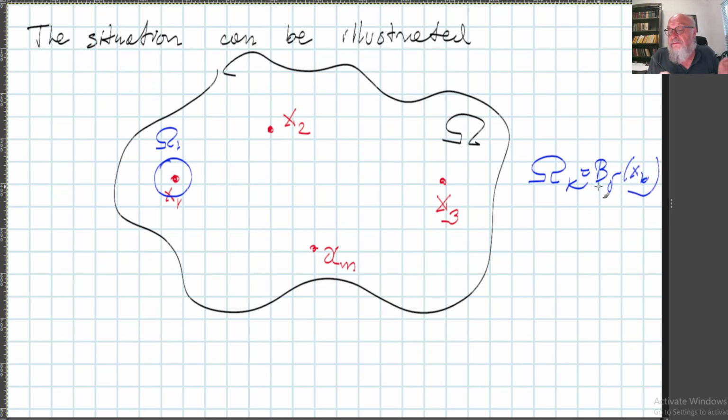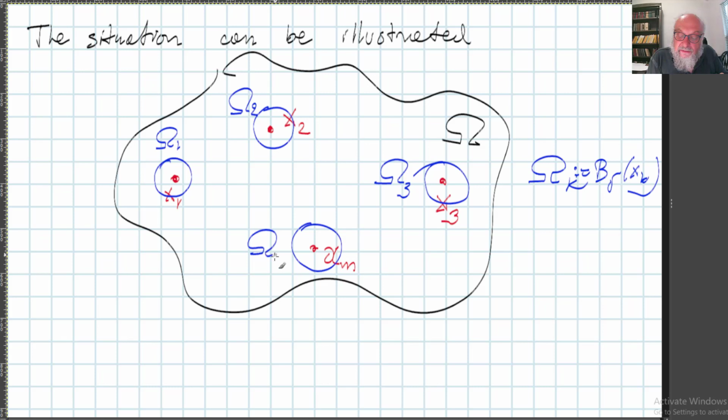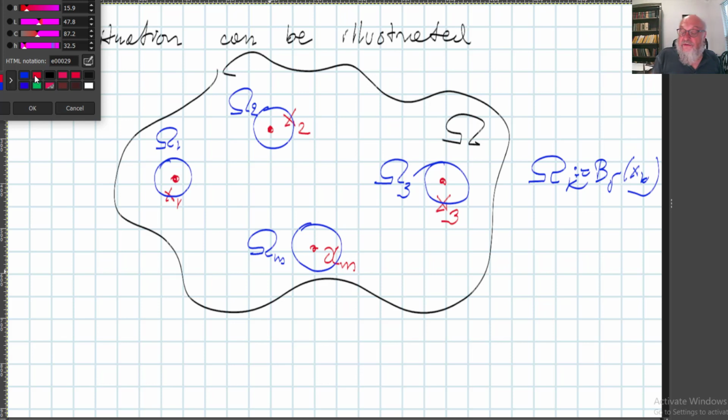So we have another one, omega 2, this will be omega 3, and this will be the last one, omega m. So notice the red set is the set of inverse image. So f^{-1}(0) intersection omega is exactly the red one: x1, x2, and so on.